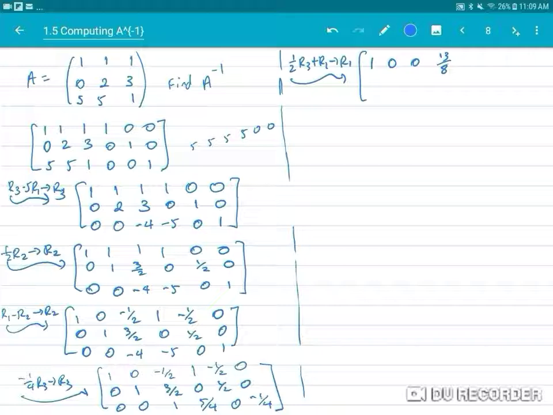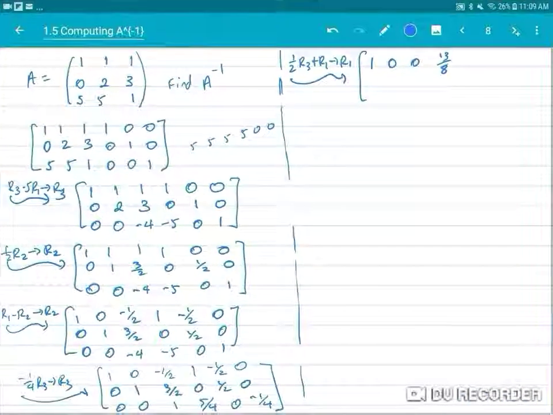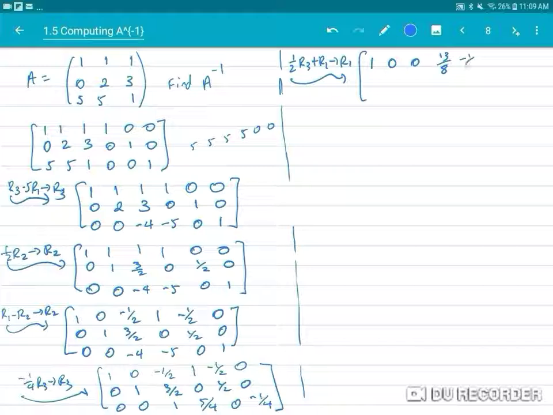Half of 0 is 0, added to minus a half is minus 1/2. Then 0 plus half of 1/4, that's 1/8, so minus 1/8. So the rows are 1, 0, 0, 13/8, minus 1/2, minus 1/8; 0, 1, 3/2, 0, 1/2, 0; and 0, 0, 1, 5/4, 0, minus 1/4.